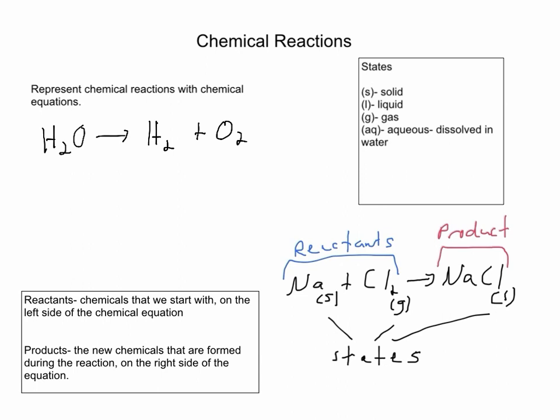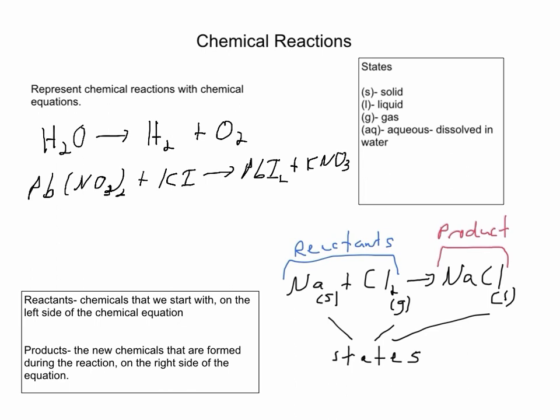We could have two things become two things. For example, we could have lead, maybe lead nitrate plus potassium iodide. And this can react to give us lead iodide and potassium nitrate.